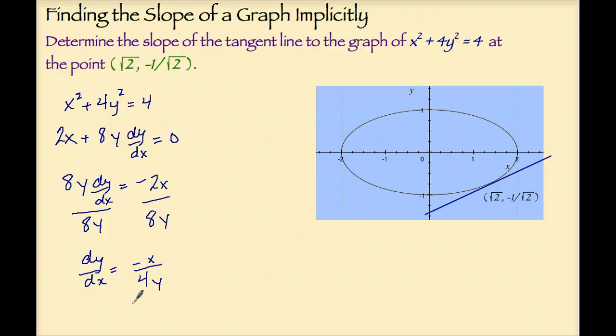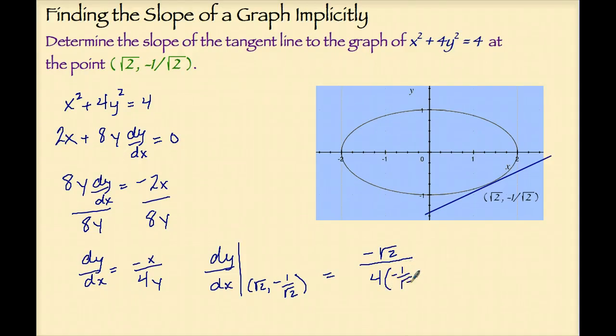Now this is the slope function for any point on this curve, but we have been asked to find the slope at a specific point. So the derivative at the point, square root of 2, comma, negative 1 over the square root of 2 is going to be negative x, which will be negative square root of 2, over 4 times y, which is negative 1 over square root of 2.